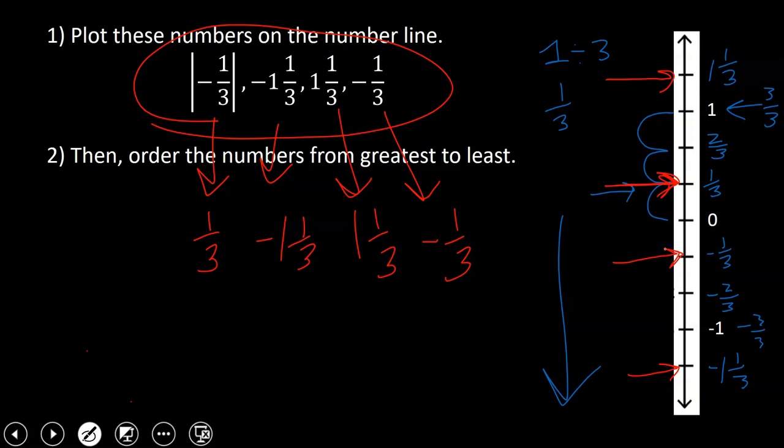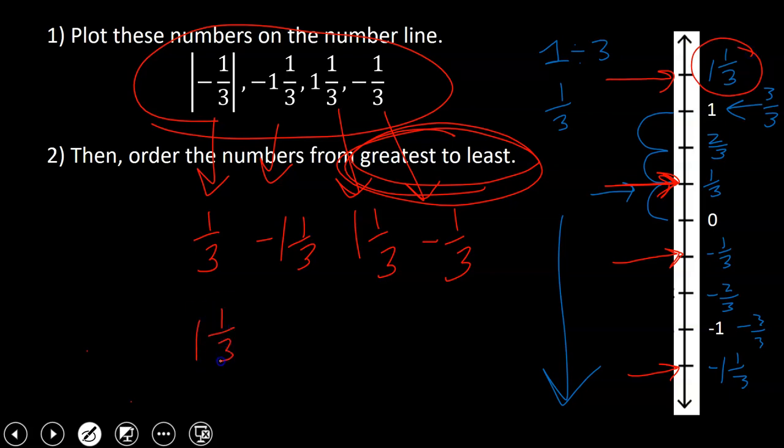Now I need to pay attention. Am I ordering these from greatest to least or least to greatest? And it says greatest to least. So I'm going to start at the greatest number, which is on a vertical number line at the top. So the greatest number would be the 1 1/3. Then after that, we get to 1/3.